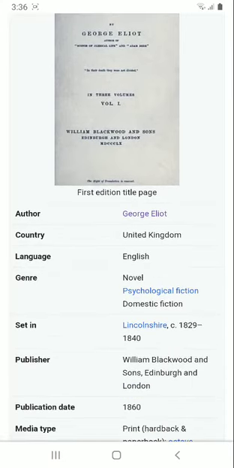Who is the author? George Eliot is the author. Country, it was set in United Kingdom, England, London. In which language? English language. Genre, novel type, and it is also called as domestic fiction.